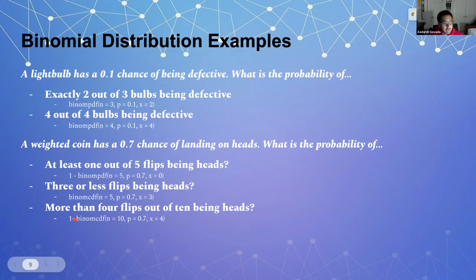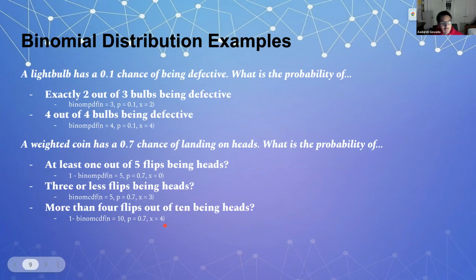So now, what is the probability of more than 4 flips out of 10 being heads? So the probability of a flip being heads, or probability of success, is still 0.7, so p is 0.7. Then we're looking at 10 total flips, so n is 10.